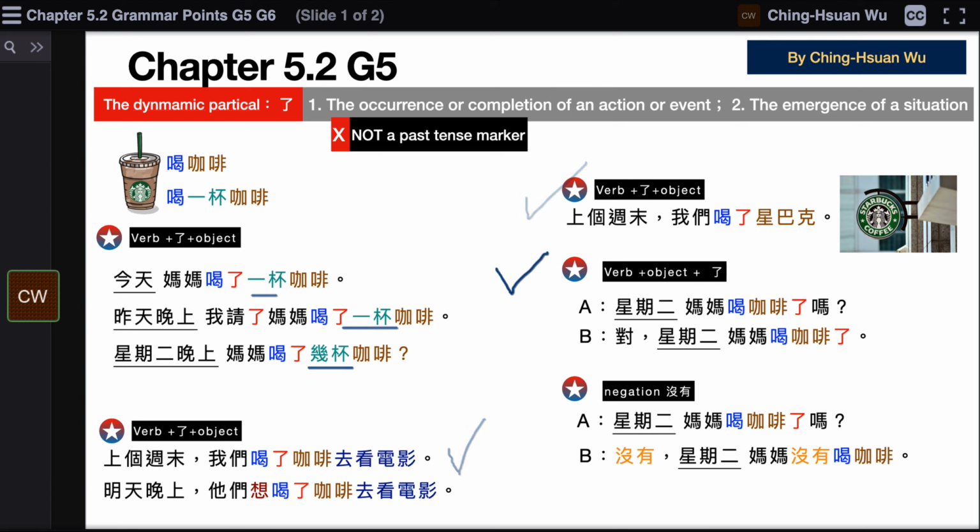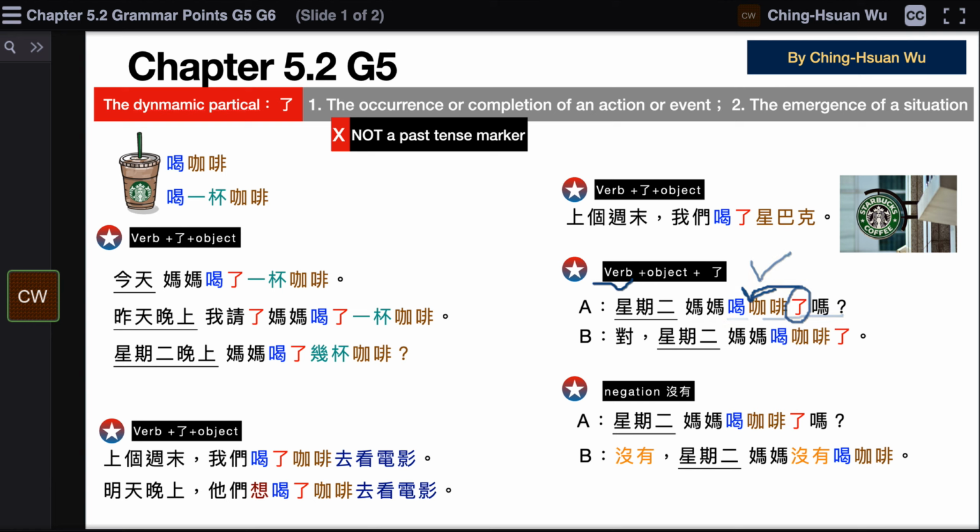Next, 星期二妈妈喝咖啡了吗? In this example, 了 is not placed right after the verb.